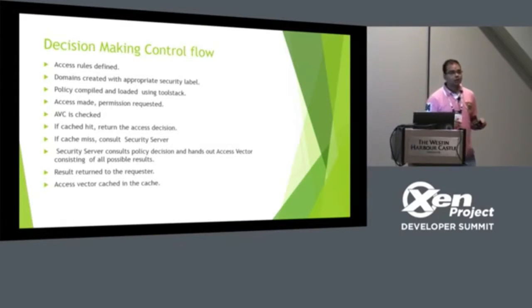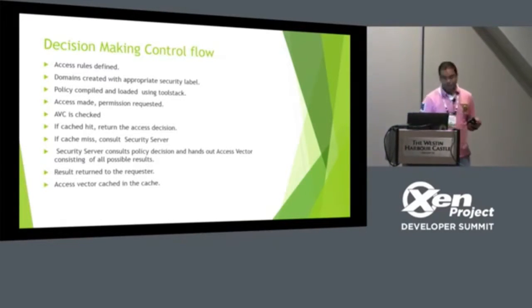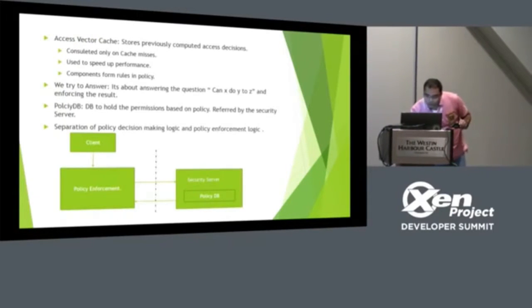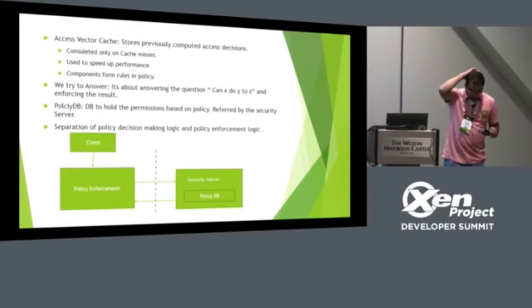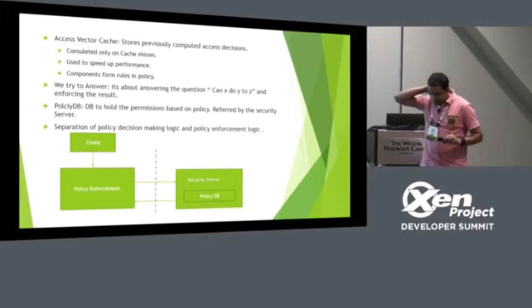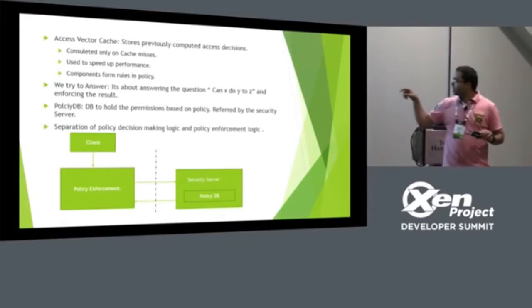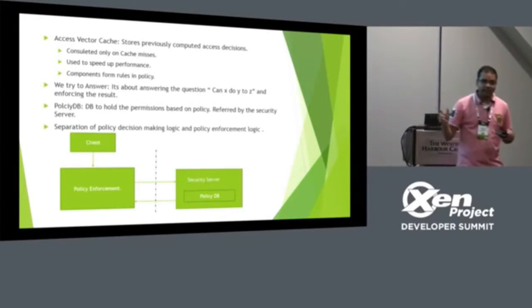Policy compiled and loaded by the tool stack. We use XC load policy. Access made, permission is requested. AVC is checked. AVC is the cache. Oh yeah, I missed this AVC cache component. So to improve the performance, we don't always have to go to the security server to make the decision.